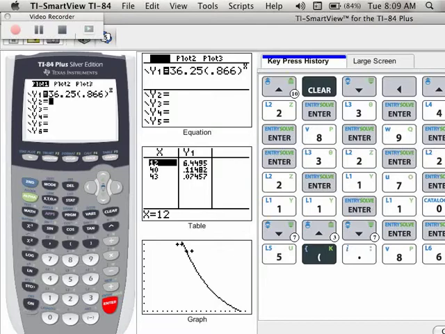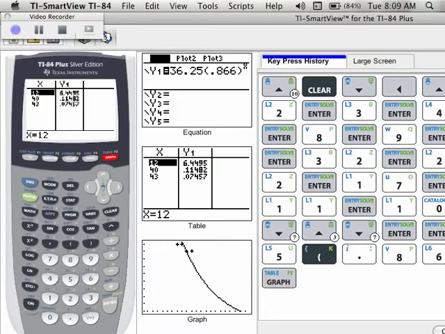It says it wants the 8th term, or after, excuse me, I guess I would say after 8 rolls. So I can go to my table, and I just type in an 8. Now, if you don't have yours set up the way I do, where it's Ask Auto, you could just scroll down to number 8 and look across, and you should see 11.467.